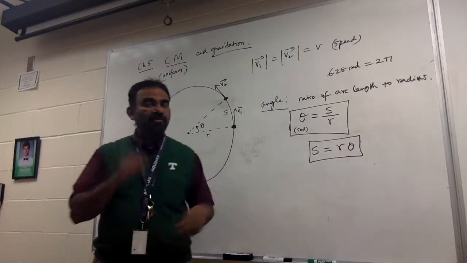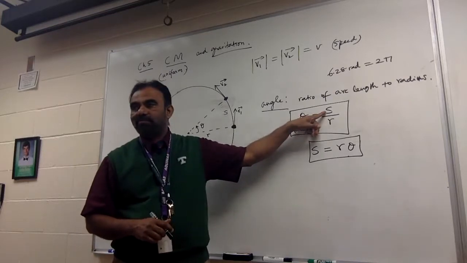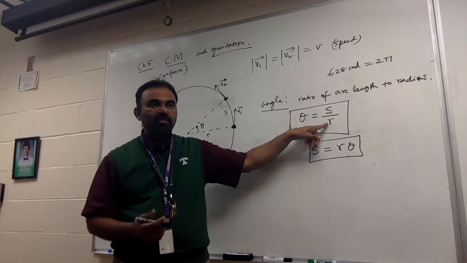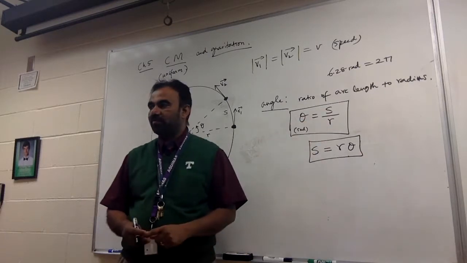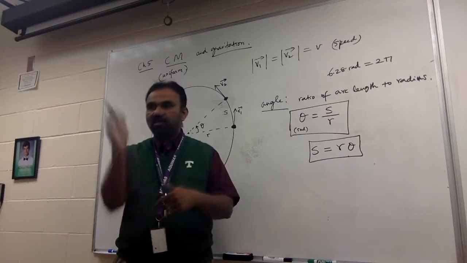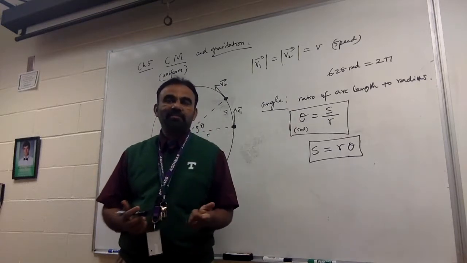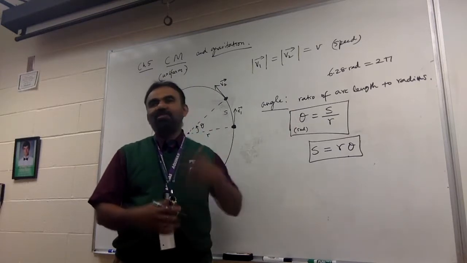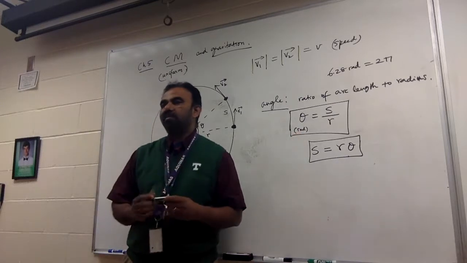Now what's the unit of angle? You know it's radians, but what's the unit of distance? Meters. What is radius? Meters. So meter over meter is what? Nothing, right? Meter divided by meter goes off. So theta does not have a unit. But then how do you represent an angle? That's why we throw in this radian, right?